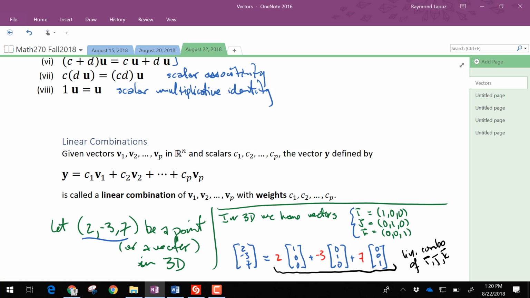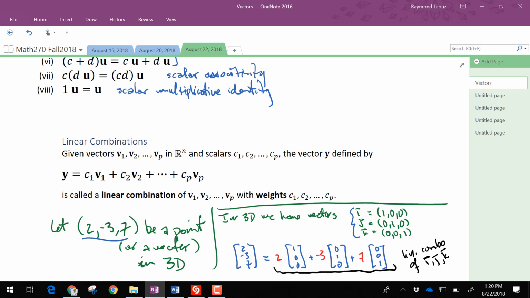If you imagine 2, -3, 7 as a point in 3 dimensions and draw a line from the origin to that point, that's your vector. I do that all the time in Calc 3, so I'll do it here too.